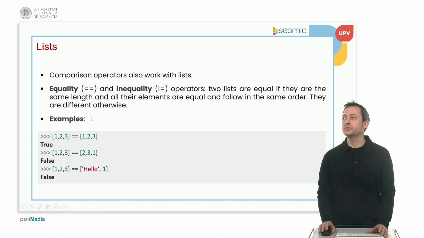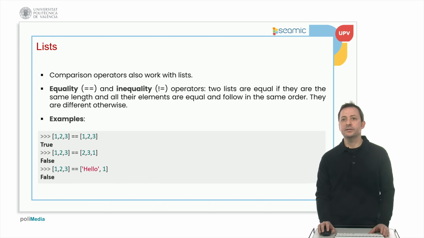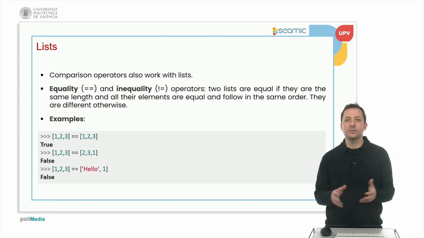We can also use different operators to compare lists, and it's important to know how the equality operator works. In this case, this operator represents if 2 lists are similar or not. This property will return true or false depending on whether or not 2 lists are the same.